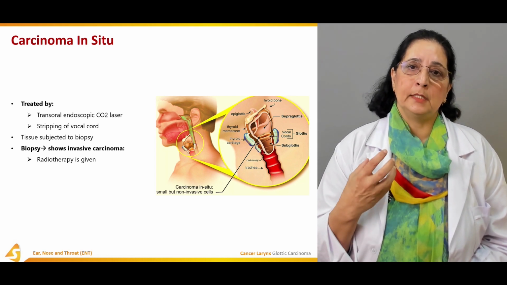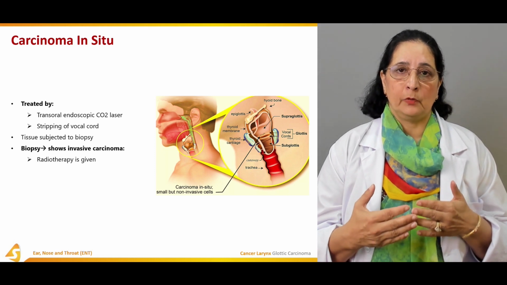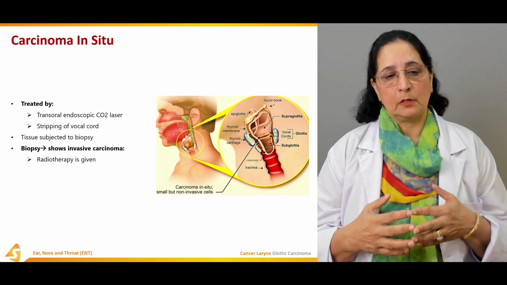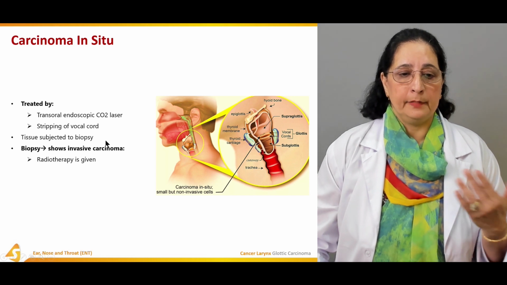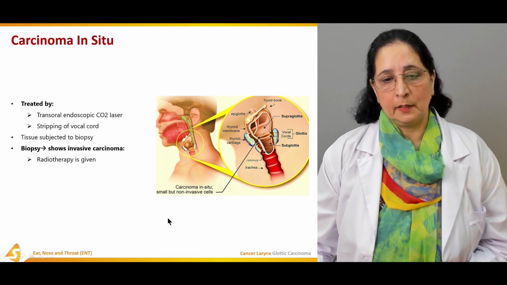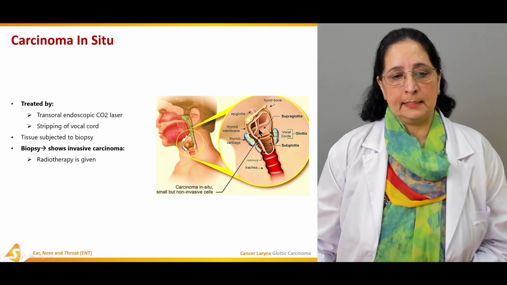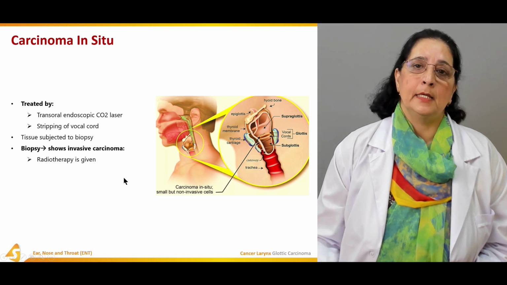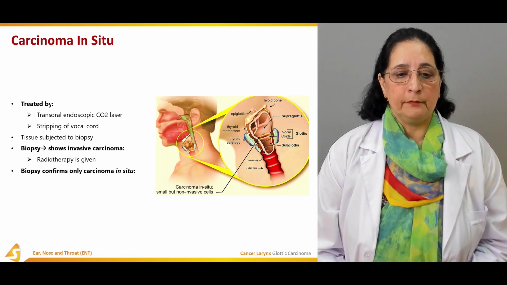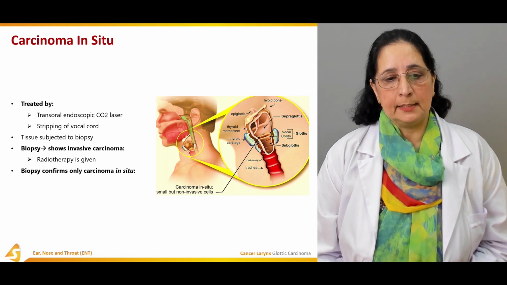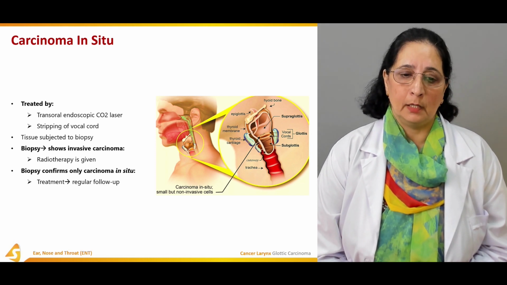So once the carcinoma in situ is treated by transoral endoscopic carbon dioxide laser, tissue is removed for biopsy, and if the biopsy shows that the cancer is non-invasive, small but non-invasive cells, then radiotherapy is given for non-invasive cells. Biopsy confirms only carcinoma in situ. Treatment is given followed by regular follow-up.